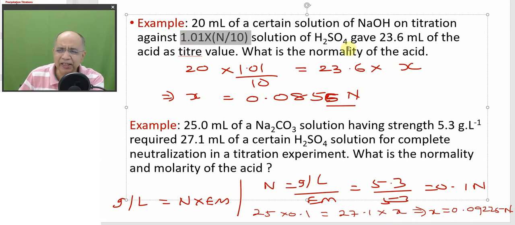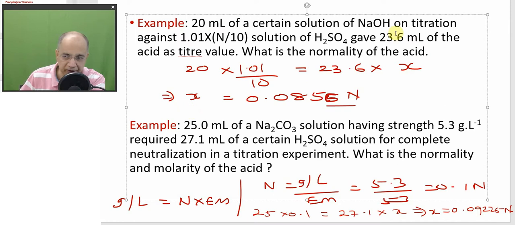And simply 23.6 into X is equal to, now the concentration, the normality of the base is given. So 20 into 1.01, 1 into 1 by 10. So we get X is equal to V1N1 is equal to V2N2.